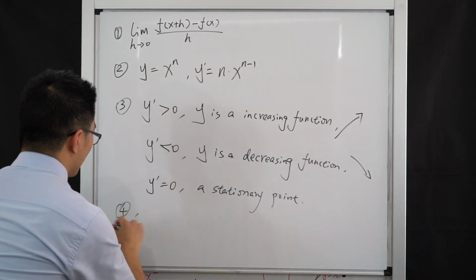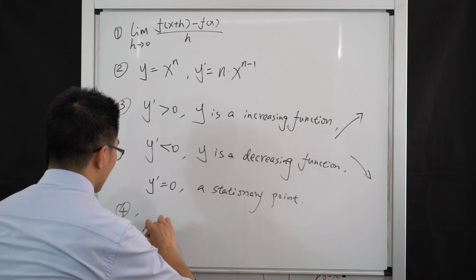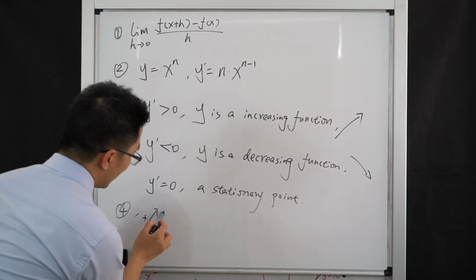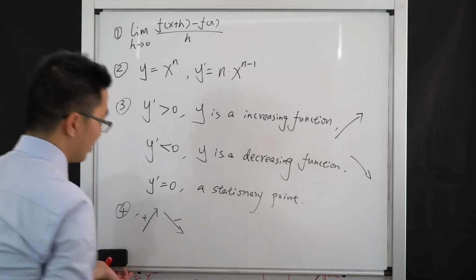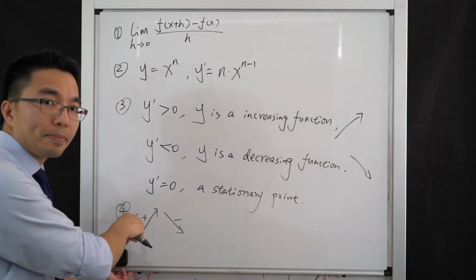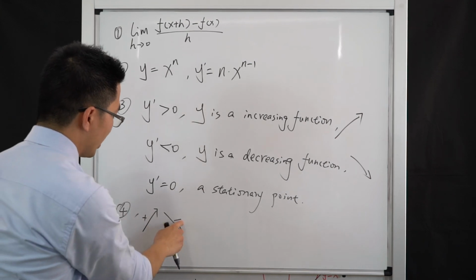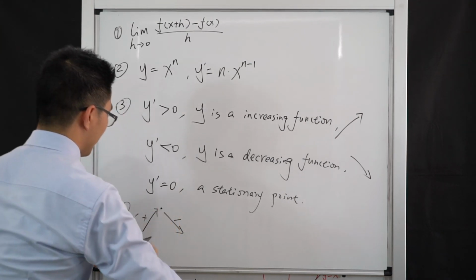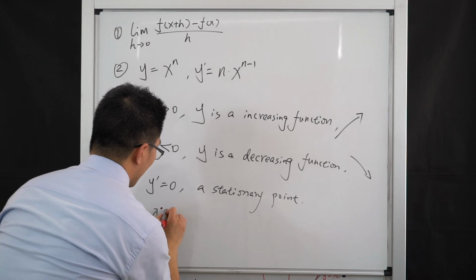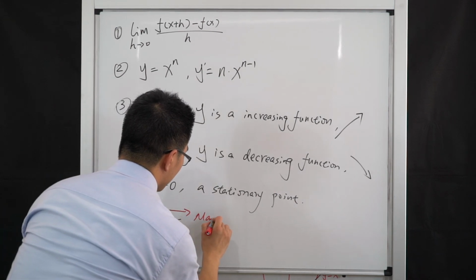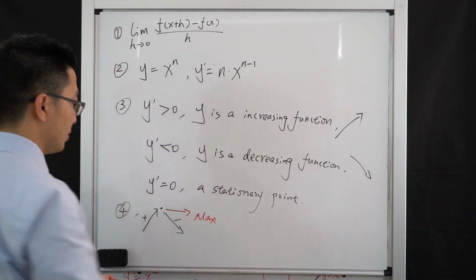Okay, if the function starts from increasing and then decreasing, so the differentiation is positive, then negative, then we can get a maximum of the function. Okay?